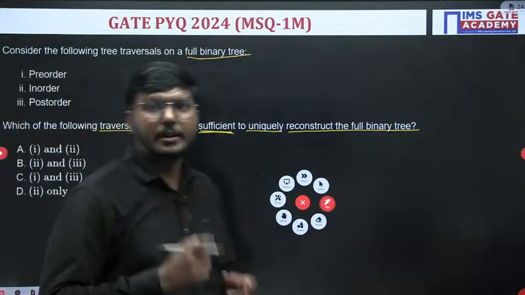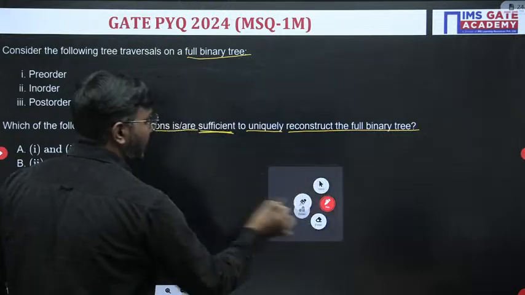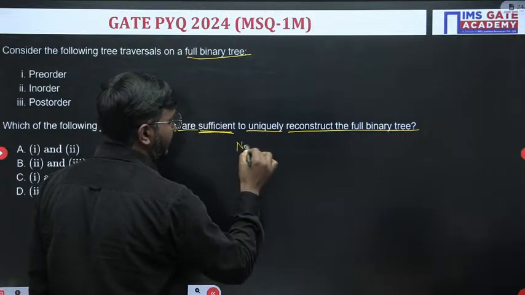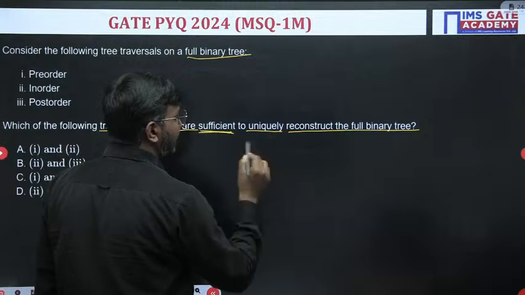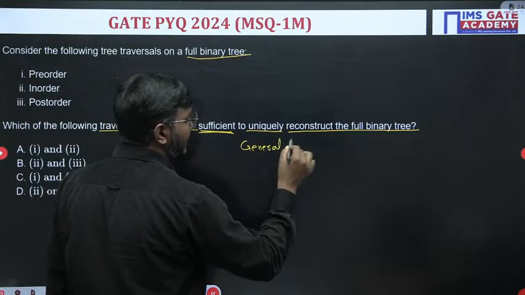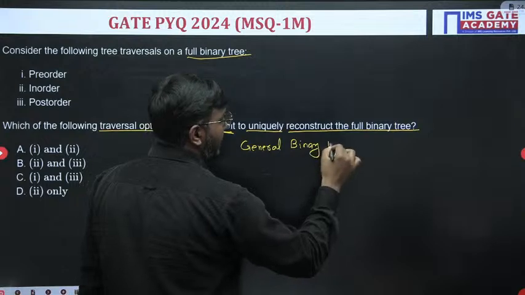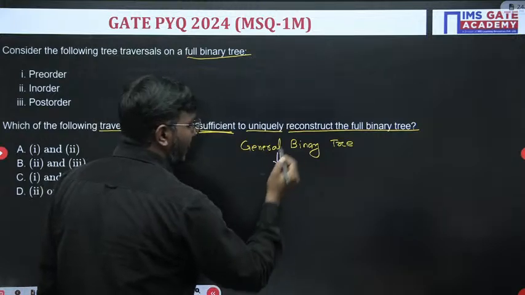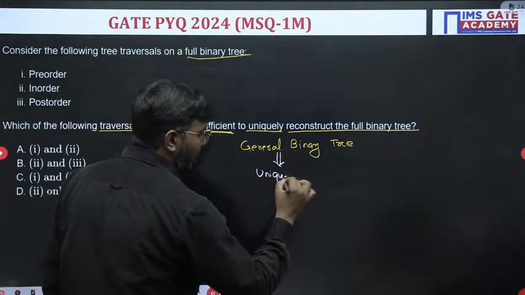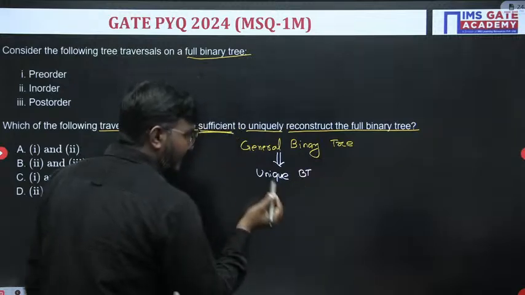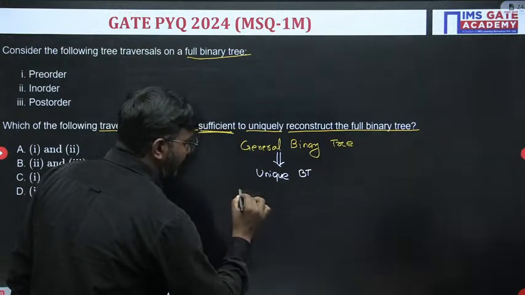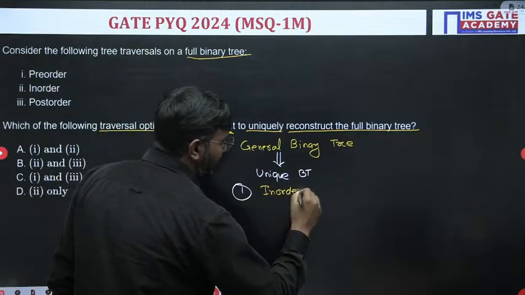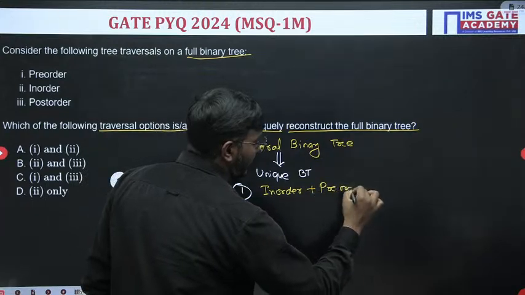Now see, generally for a normal binary tree, or any general binary tree, if you want to construct the unique binary tree, then in the first option I need the in-order plus the pre-order, both are required.